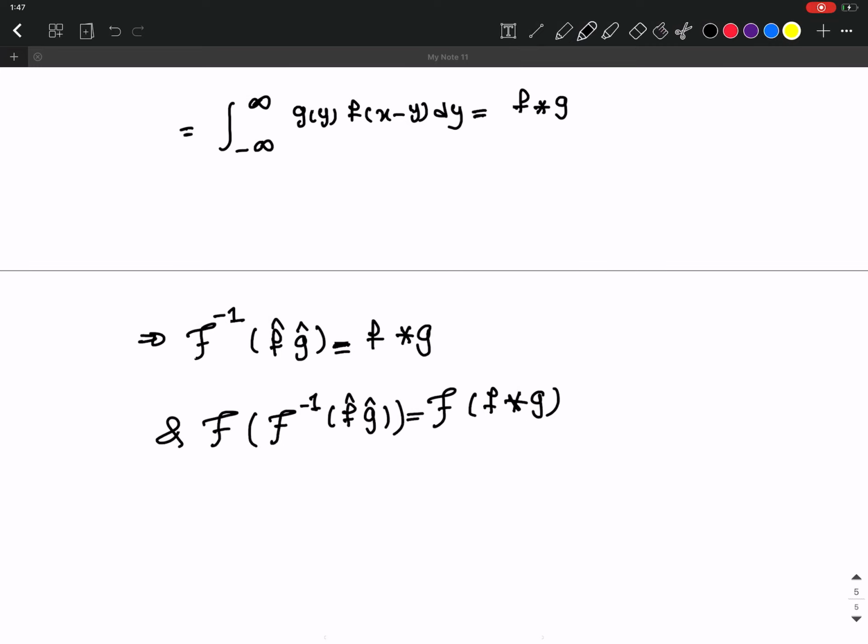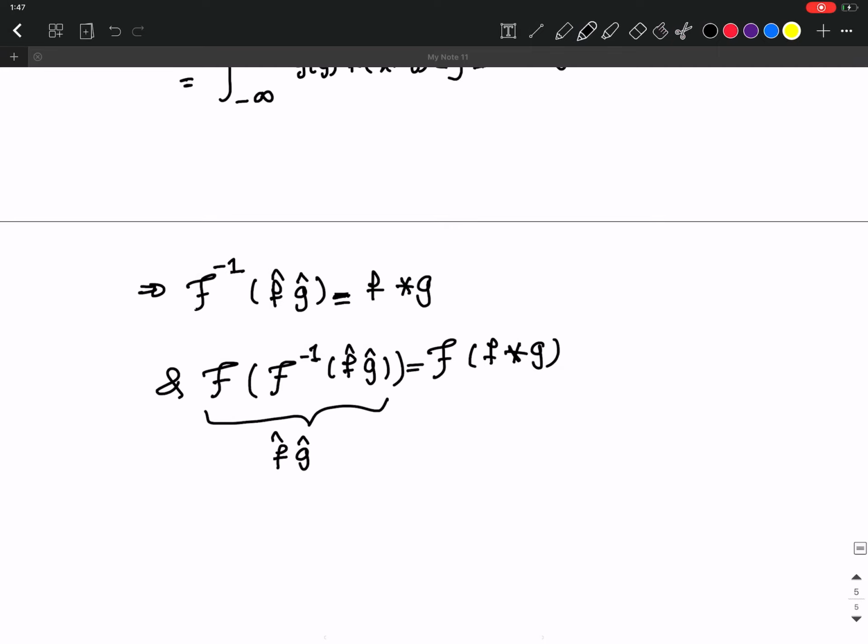So this one, what? You take the Fourier transform of the inverse Fourier transform, so you're just going to get the original functions. So this tells me that f hat g hat is the Fourier transform of f star g.